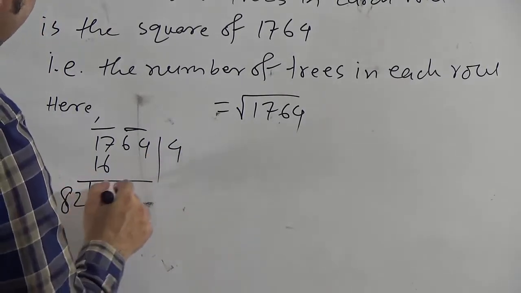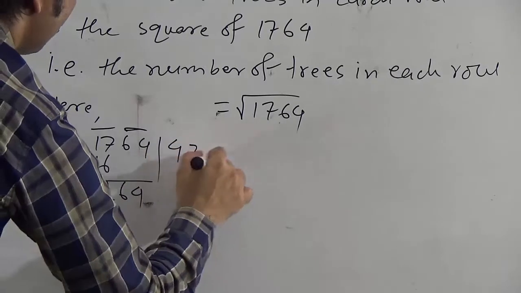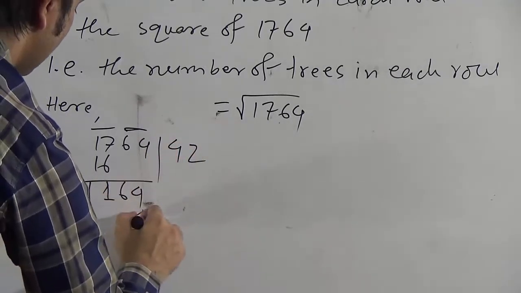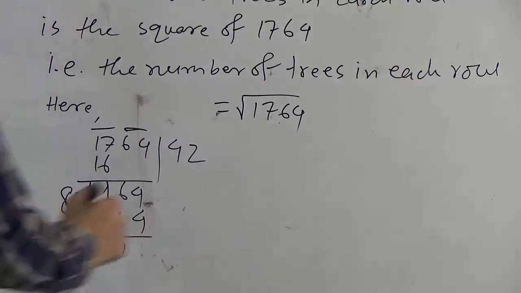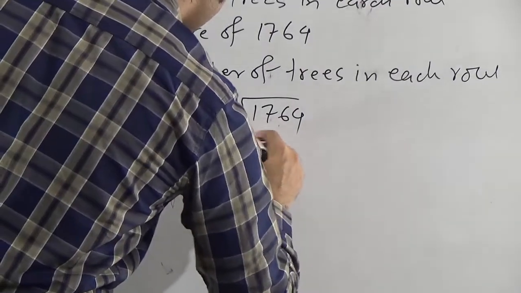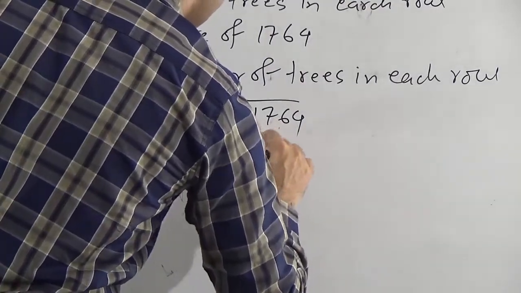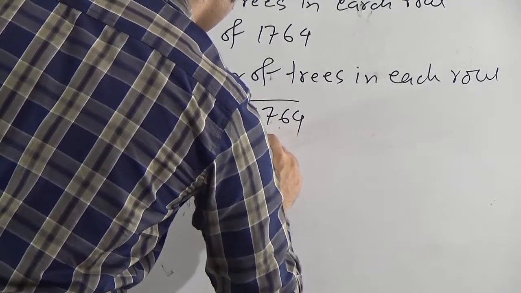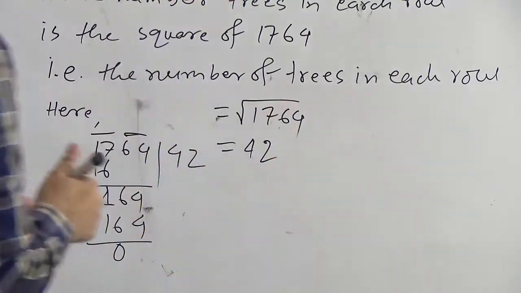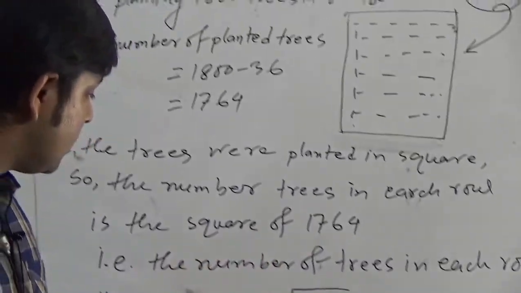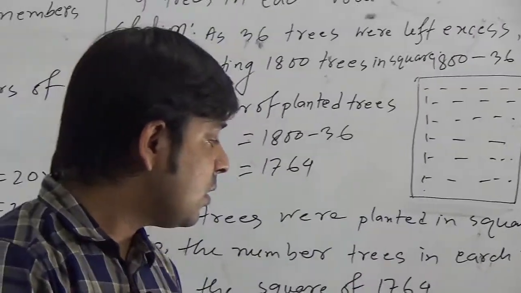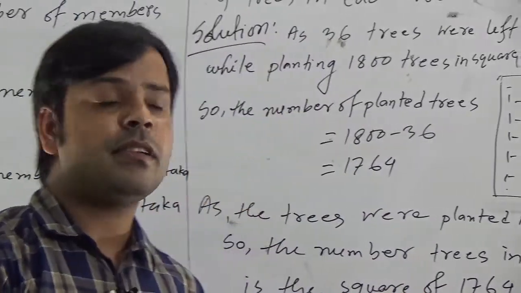And take 2 times. 42 here. 2 2s are 4. 8 2s are 16. So you can say the square root of 1764 is 42. Therefore, 42 trees were planted in each row.